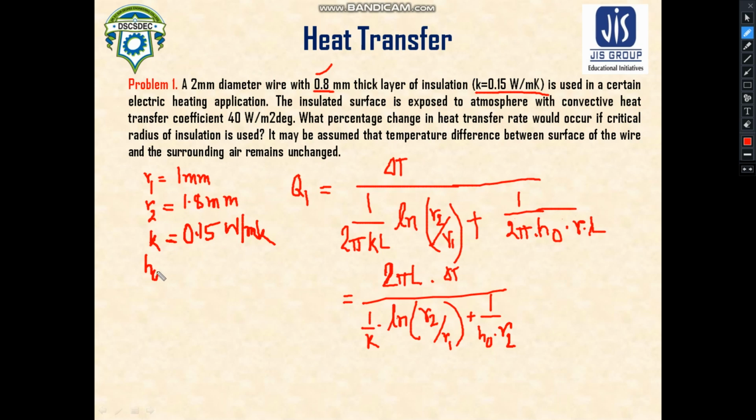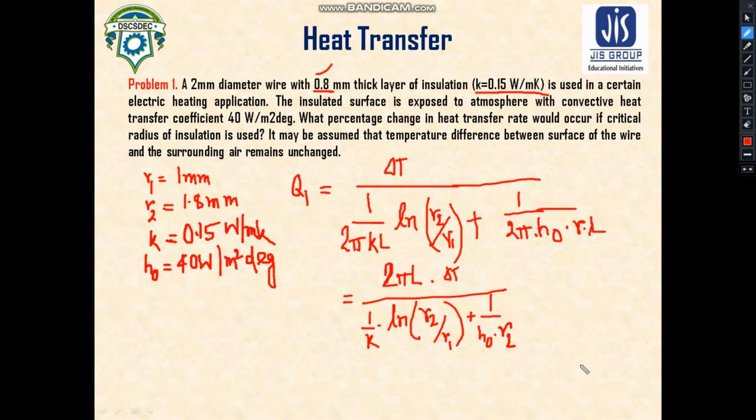This ho, that means the outer convection heat transfer coefficient, would be 40 watt per meter square degree.